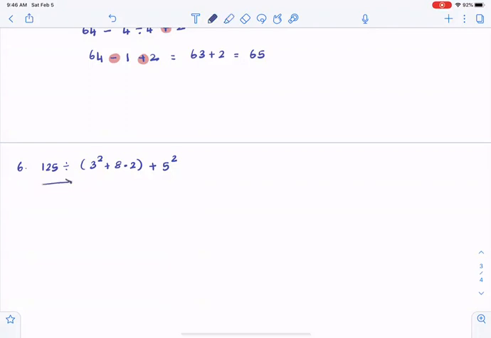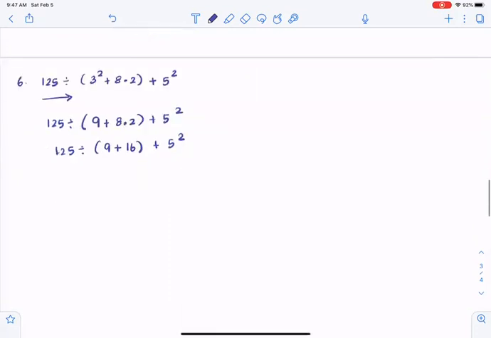So we have to go from left to right. We have to take care of whatever is inside the parentheses first. So inside the parentheses, I have 3 squared plus 8 times 2. But in terms of our rule, we take care of the exponent first, then do the multiplication. So 3 squared is 9. 8 times 2, 16. The very last should be addition and subtraction.